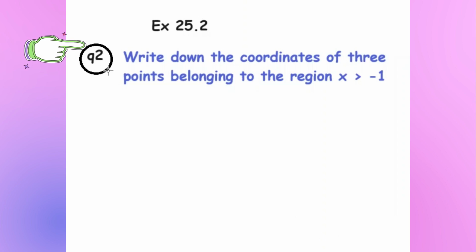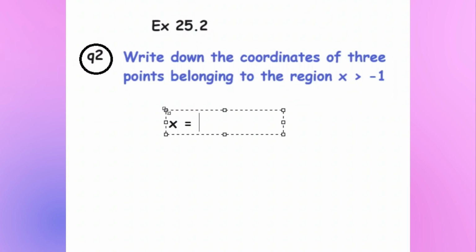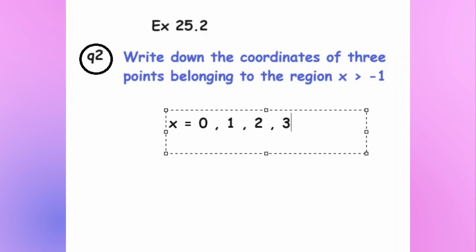Let's see how to find the answer for the same inequality without drawing on the Cartesian plane or the number line. Here, the region is x greater than minus 1, so the answer should be more than minus 1. That means 0, 1, 2, 3, any positive number for x coordinates.